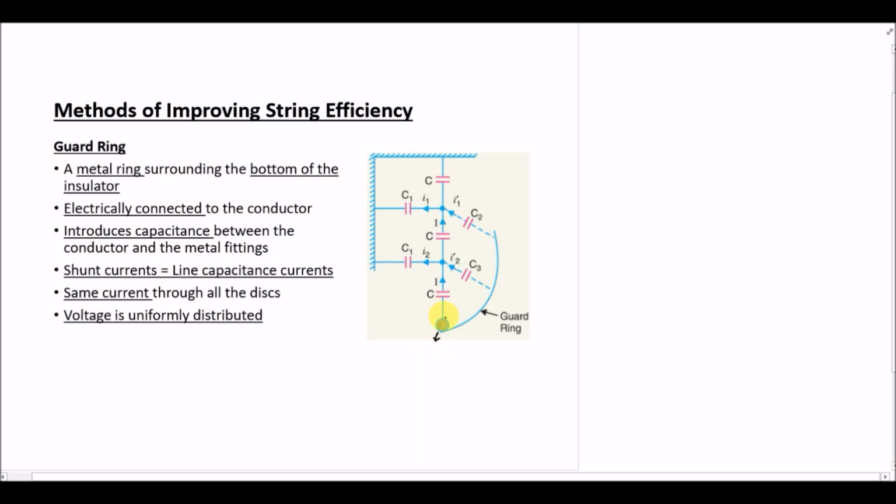So they are electrically connected to the conductor, and they introduce the capacitances C3 and C2 that are there to nullify the effect of C1, the shunt capacitances, right? This shunt capacitance is actually the line capacitance, between the guard ring and the metal fitting of the string insulator, and then we have this shunt capacitance, right?